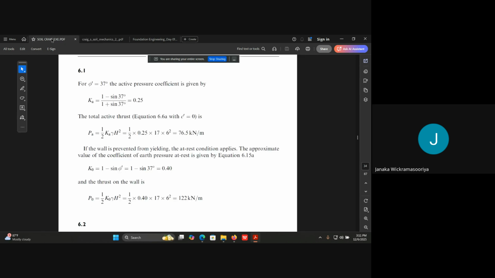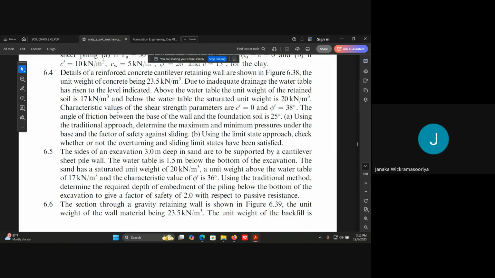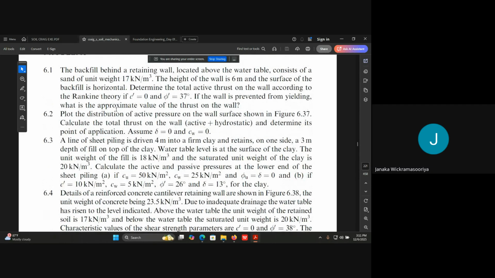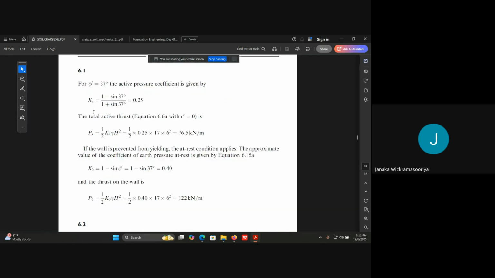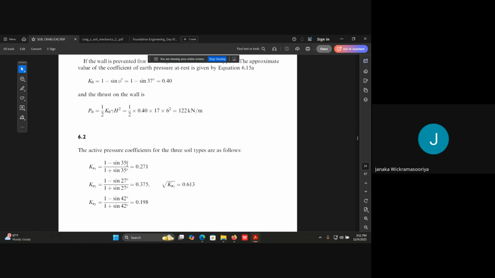So then we will see the answer. So the question is, draw the pressure distribution. You can first determine the Ka values.